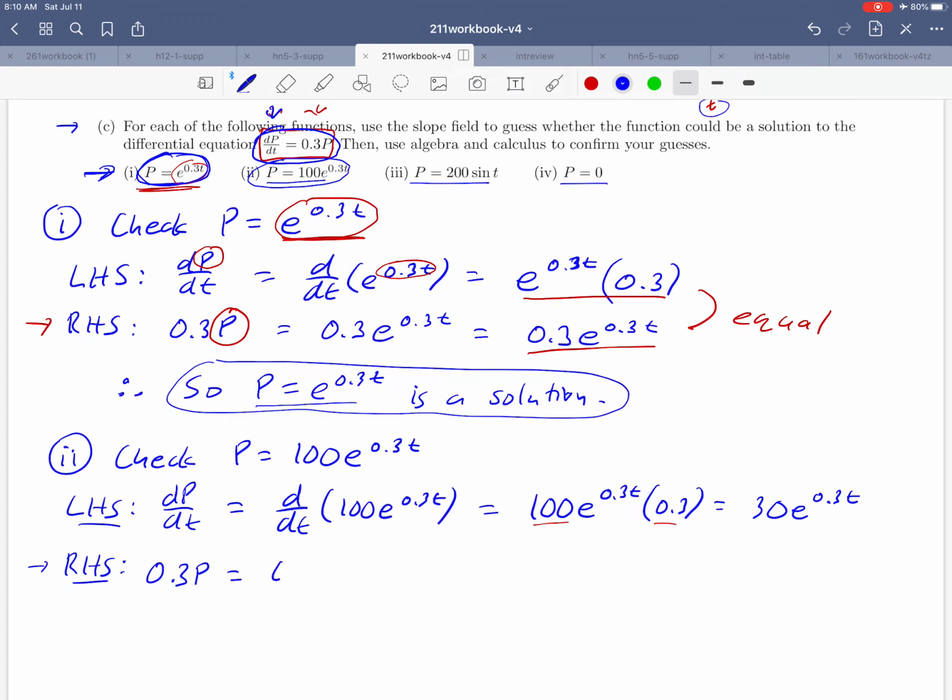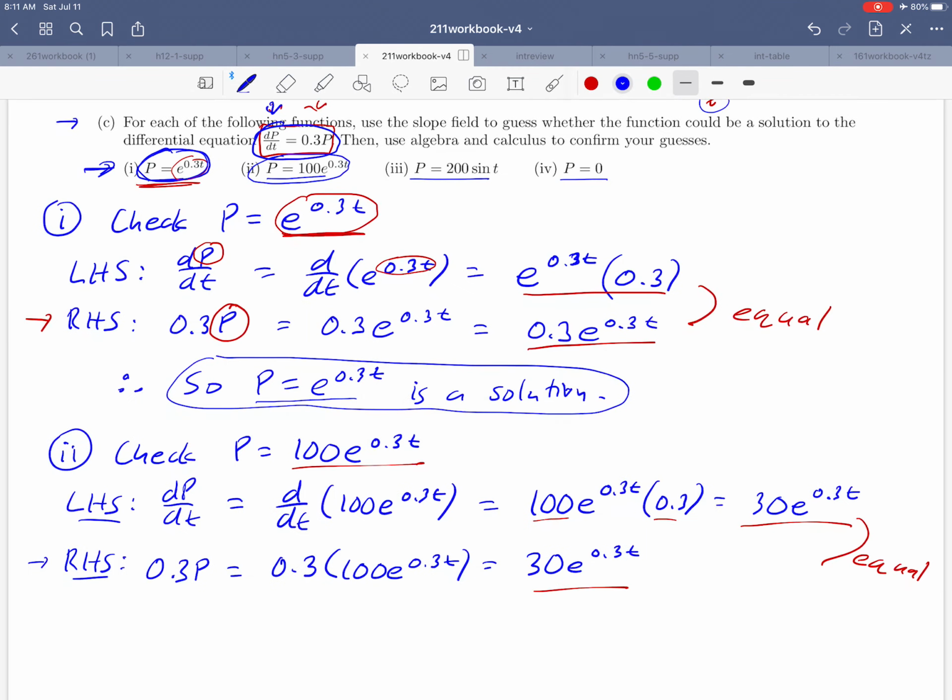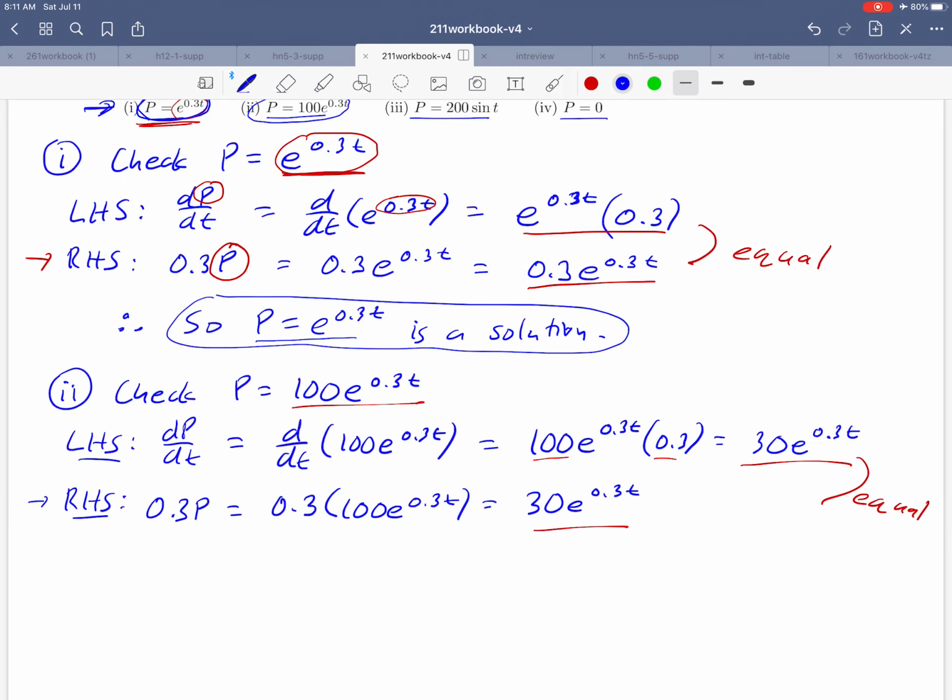There, we're going to take 0.3 and multiply it by p, which is sitting up there. So what do we get if we take 0.3 times 100? We get 30 again. And what do you think? Do we get the same thing? Yep, those are equal. And so p equals 100 e to the 0.3t is also a solution to the differential equation.